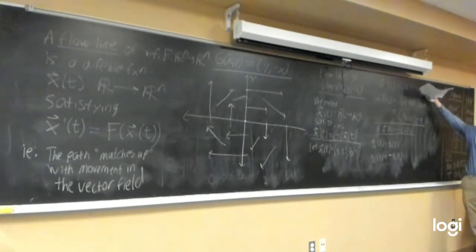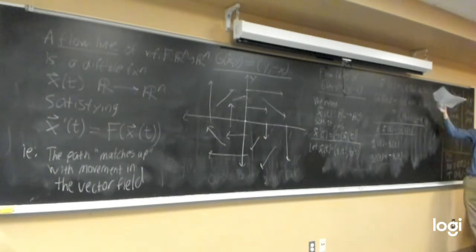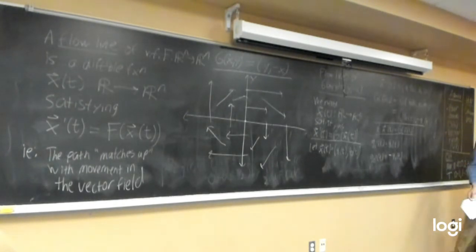In order for these two vectors to be equal, we need that their first components are equal, G1 prime equals G2, and their second components are equal, G2 prime equals the negative of G1.